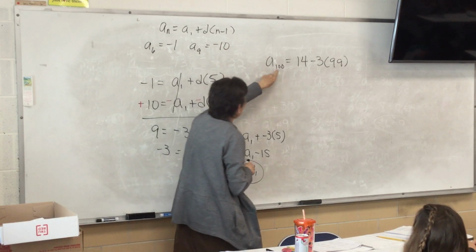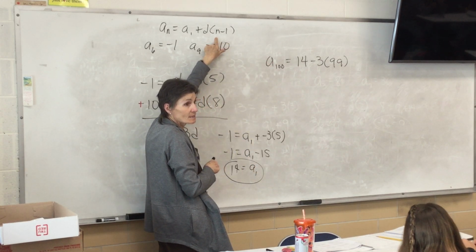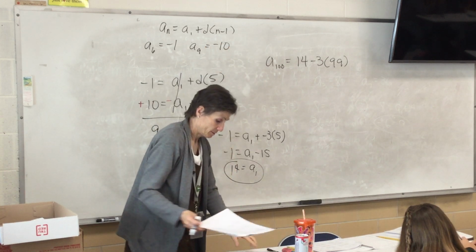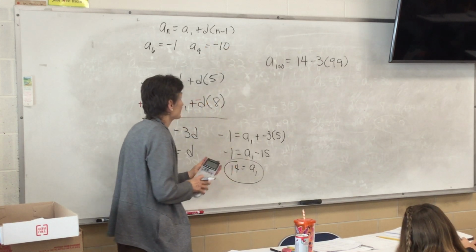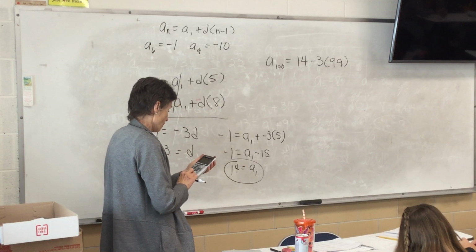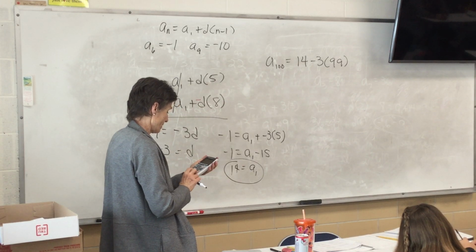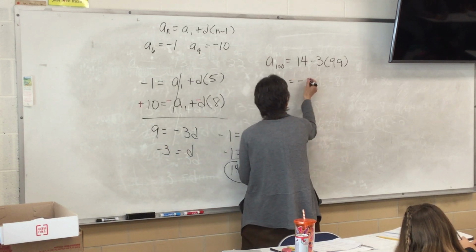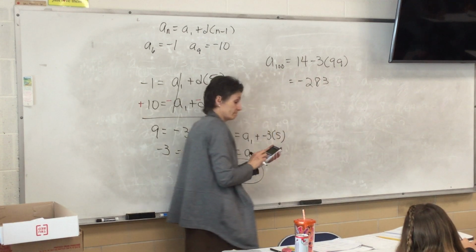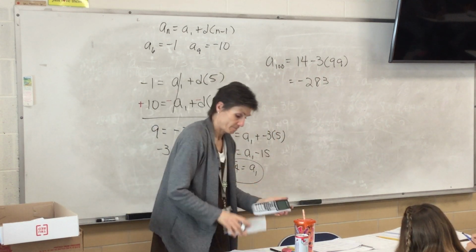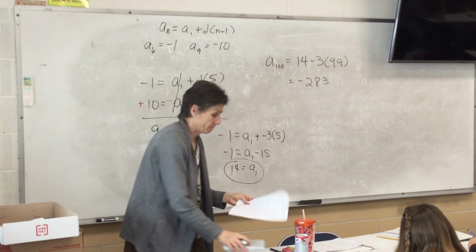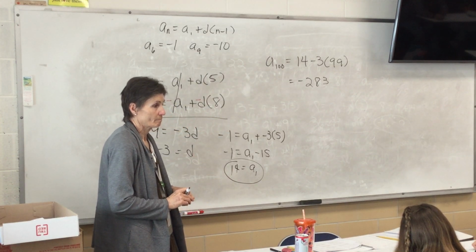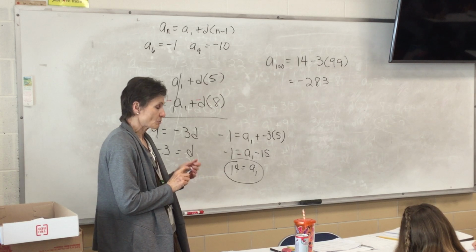Because if I'm finding the 100th term, n is 100, so 100 minus 1. So that one, we have 5, get it right. Negative 283. Okay, that's a test question.